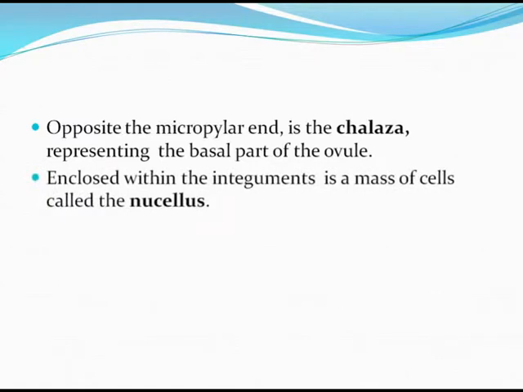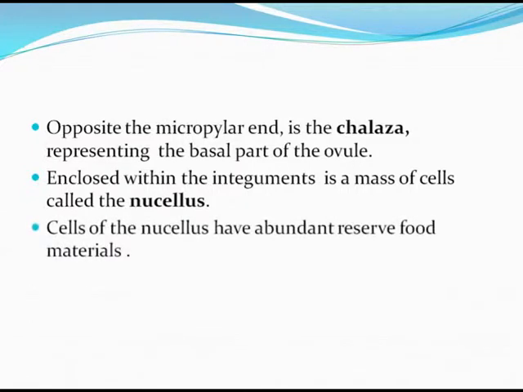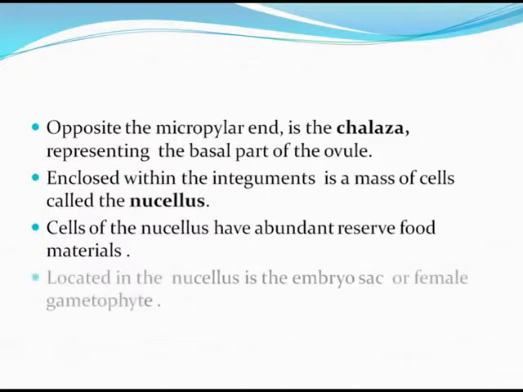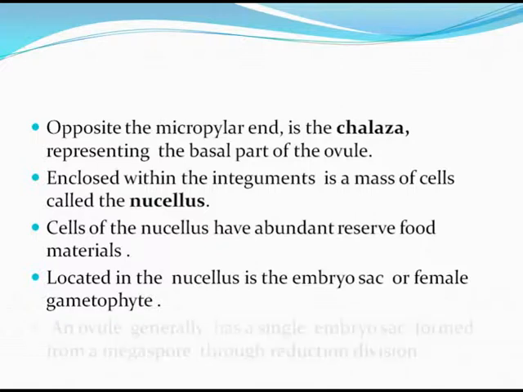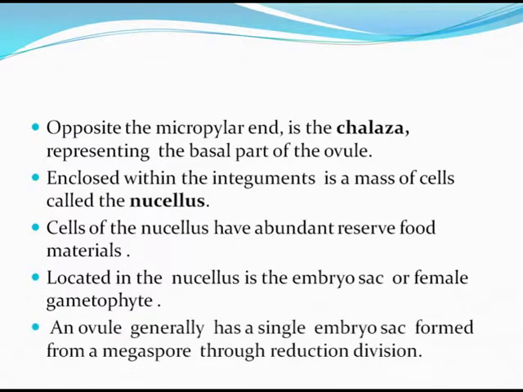Enclosed within the integuments is a mass of cells called the nucellus. Cells of the nucellus have abundant reserve food material. Located in the nucellus is the embryo sac or female gametophyte. An ovule generally has a single embryo sac formed from a megaspore through reduction division.